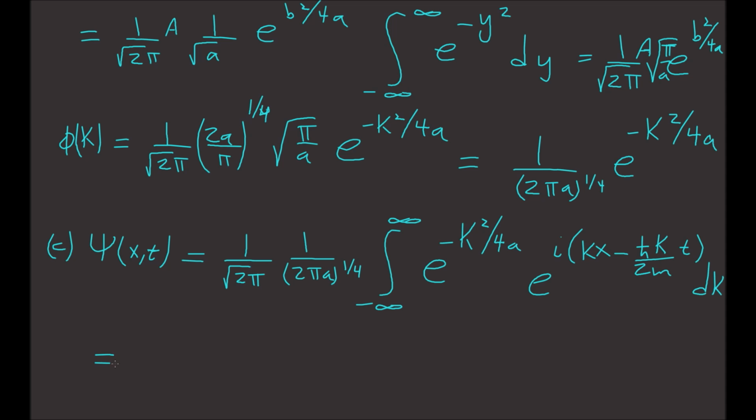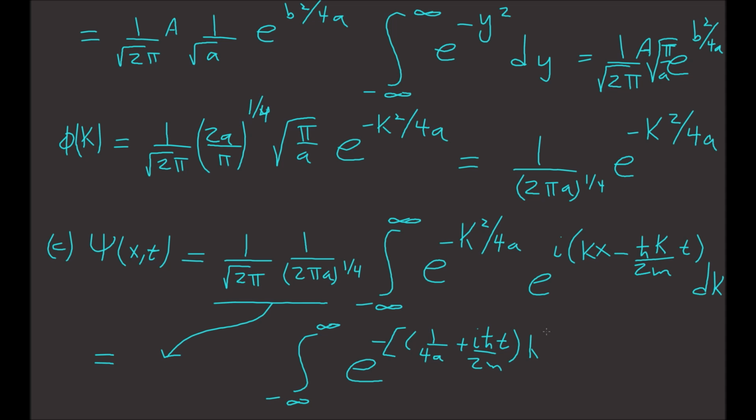So this can be simplified as the same, this goes here the same, times the integral from negative infinity to infinity of e to the minus, open parentheses, 1 divided by 4a plus i h bar t divided by 2m, times k squared, right, minus i x k dk.